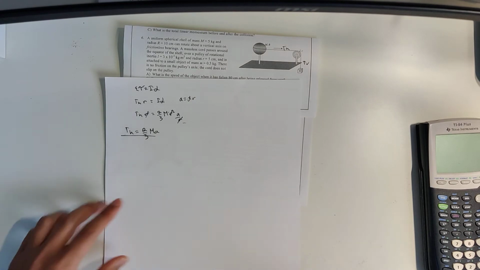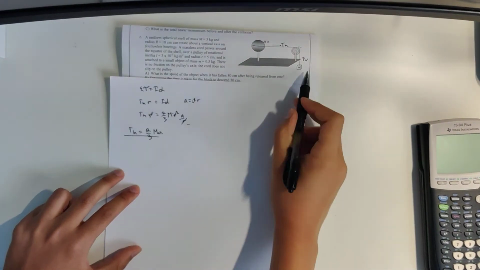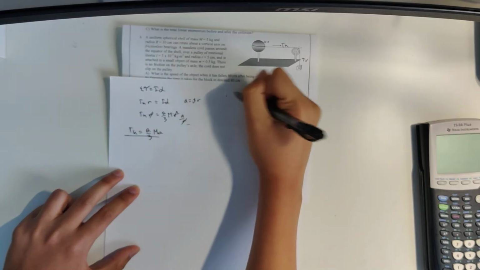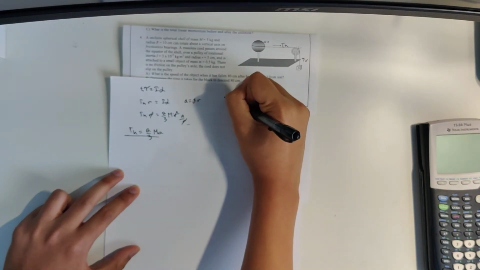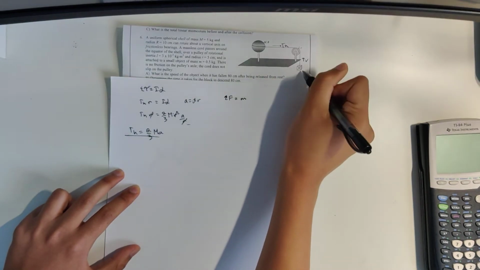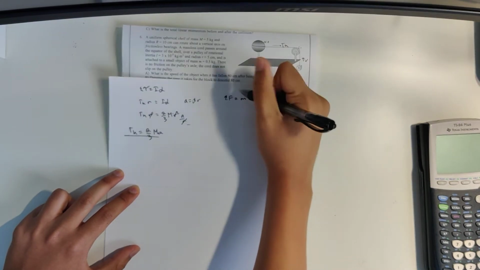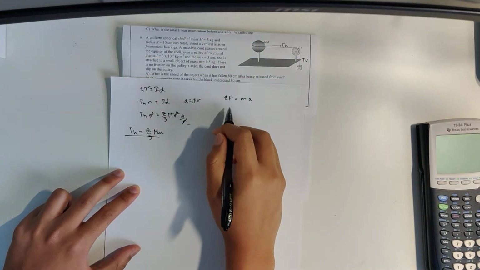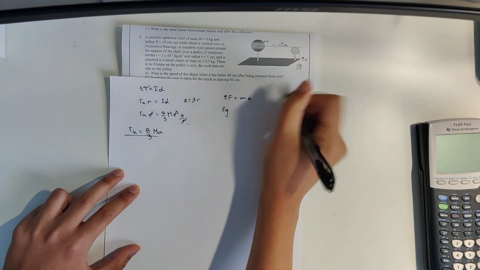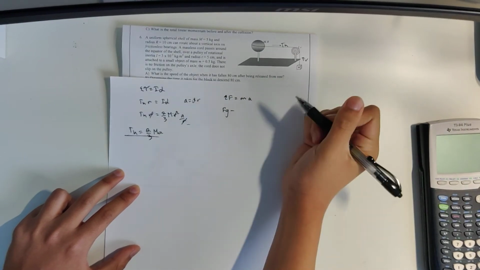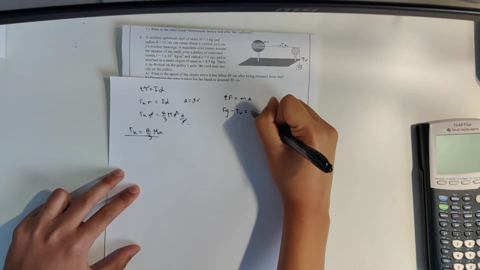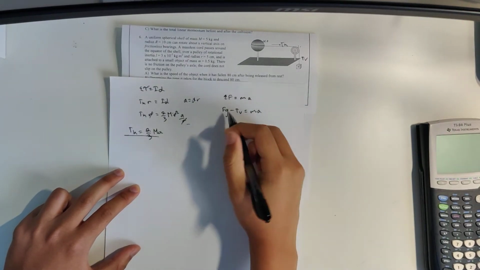And now we're going to find our vertical tension. So if you look from here, we're going to set up Newton's net force equals little m a. Of all your forces, you have F of G pulling it down, and what's opposing that F of G is your vertical tension, equal to ma.